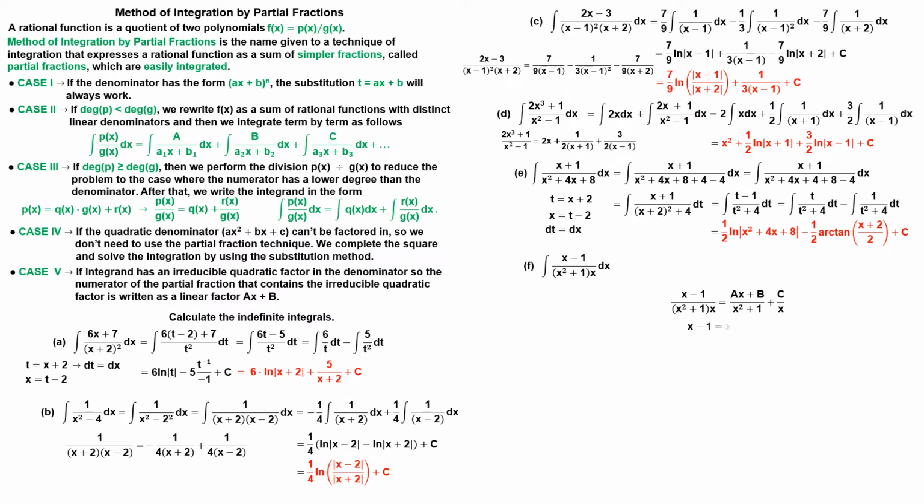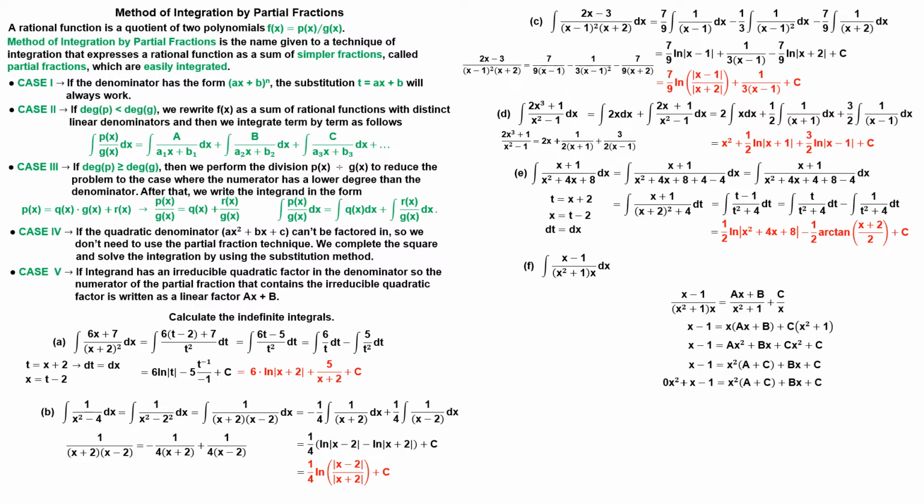We take the equation above and multiply both sides by the denominator of the original rational function. We expand the right side of the equation and then collect up like terms. Since on the right-hand side there is one term involving x squared, we rewrite the equation as follows. This is an identity which is true for all values of x.